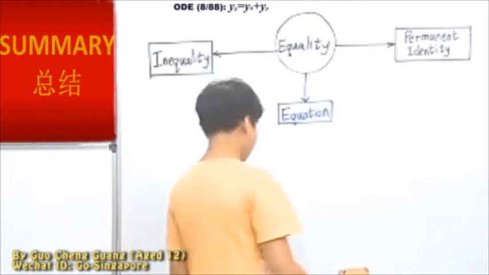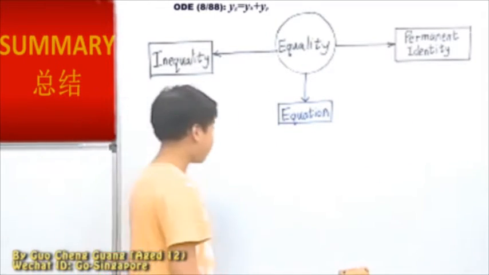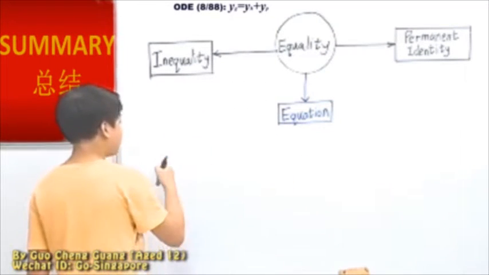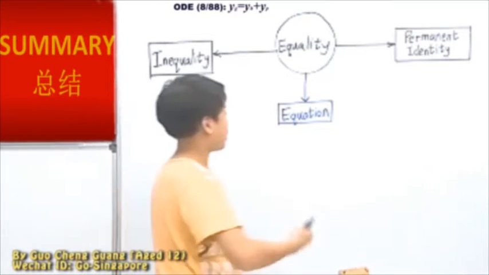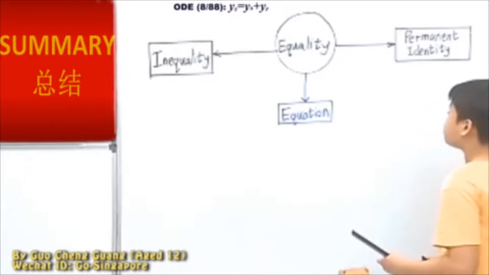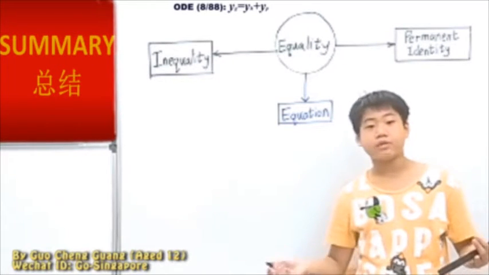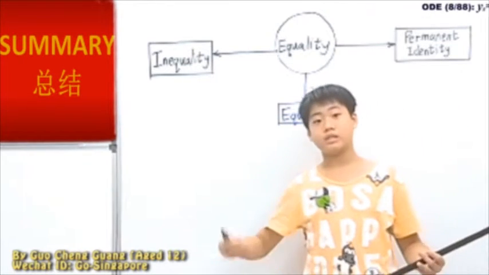When you arrive at these equations, for example, x plus 3 is equal to 5, then you can just find x equals 2. From equations, what if you change it a little bit? You add another variable. For example, x plus y is 5.